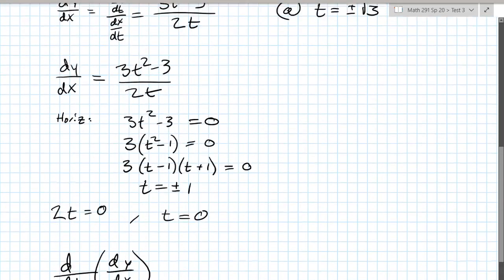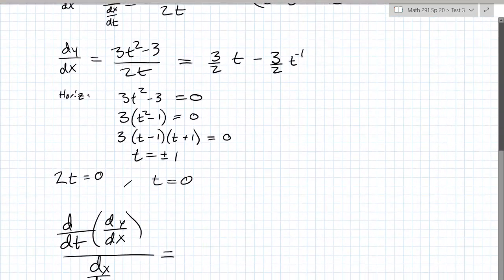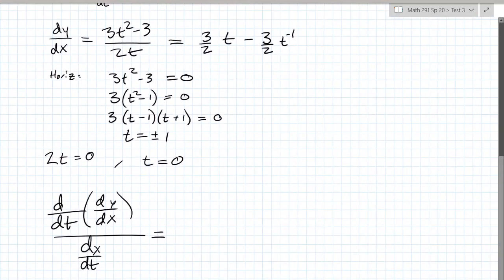I think the easiest way to find this, we could use the quotient rule to do this, or we could just say 3/2 t minus 3/2 t to the negative 1 and use that. That's probably the easier derivative. So the derivative of that with respect to t is 3/2 plus 3/2 t to the negative 2.